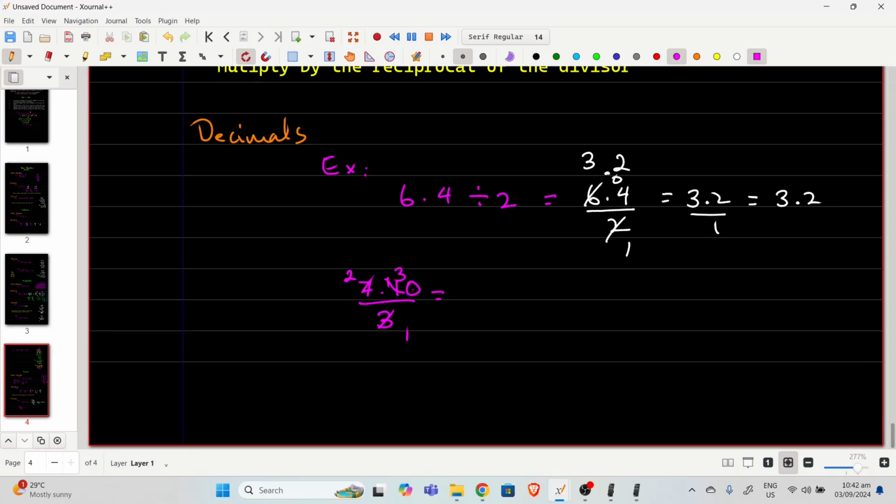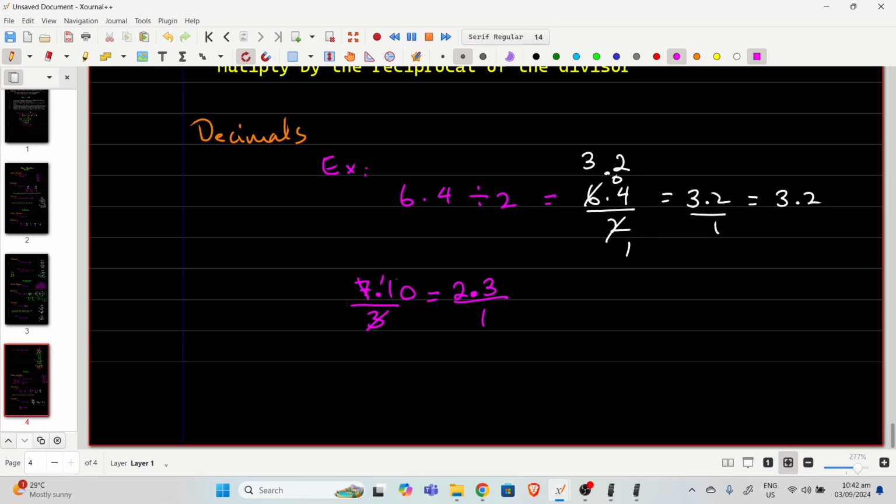Let me just write this a little bit differently. So 7.1 divided by 3. I'm taking 3 into 3 is 1, so I'm going to have 1 on the underneath. And then 7 divided by 3 is 2, with a remainder of 1, so I put the 1 over here. I put the decimal point, and then 11 divided by 3 is 3, and the remainder after that is going to be 2.